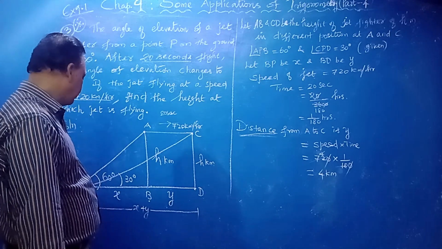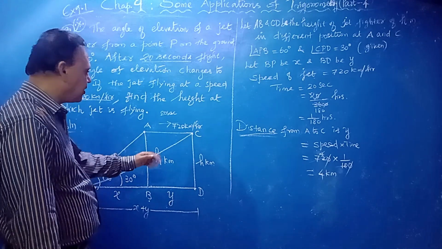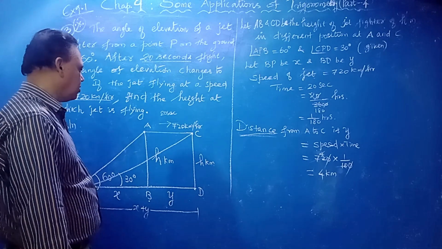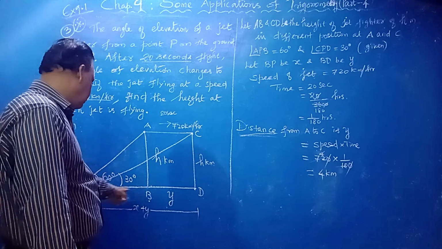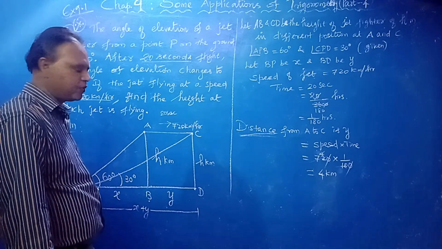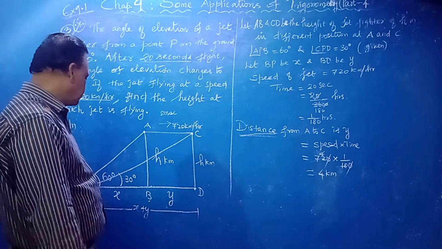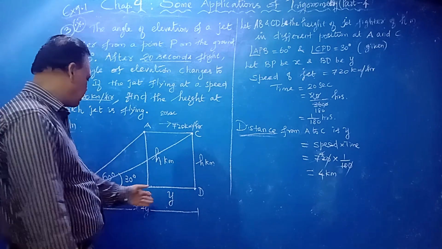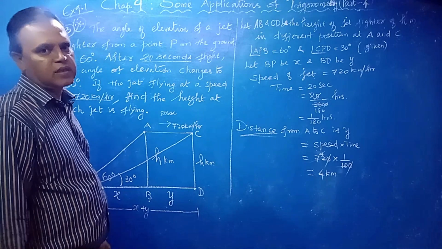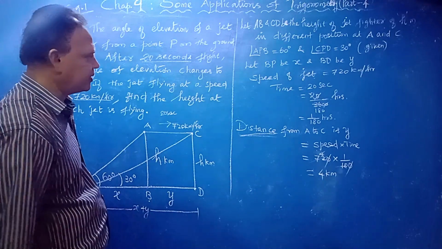Now what you have to do? You have to find out the height of the flight. So first you take this right triangle, find out x. Now you know y. Then you put both x and y, means you will get height. Right?